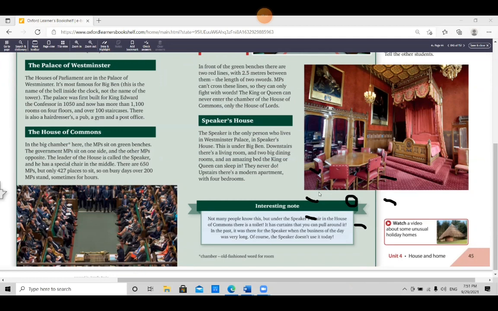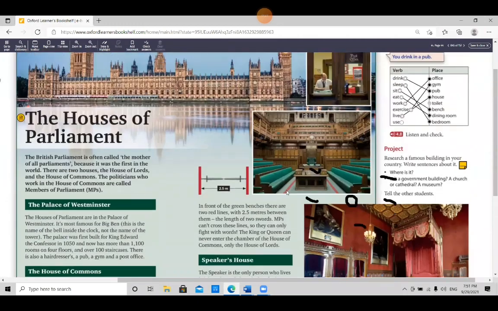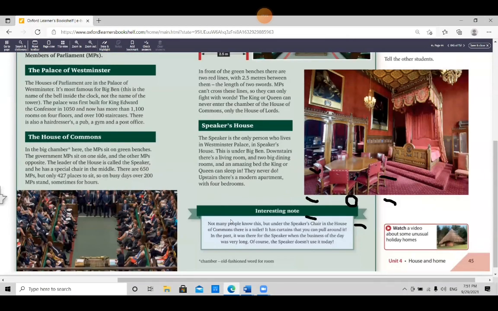Now, interesting notes. Not many people know this, but under the speaker's chair in the House of Commons, there is a toilet.